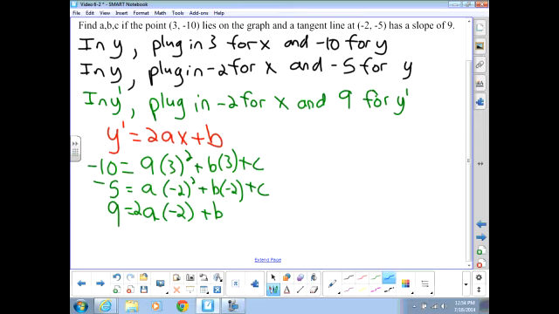Now we'll neaten those all up. 3 squared is 9. 9 times a is 9a, so we're going to have -10 is equal to 9a plus 3b plus c.